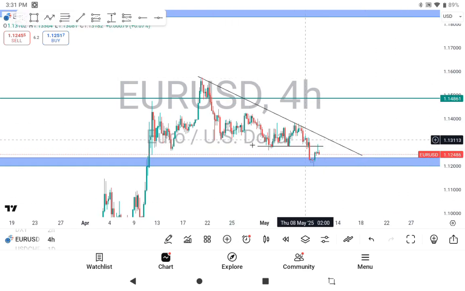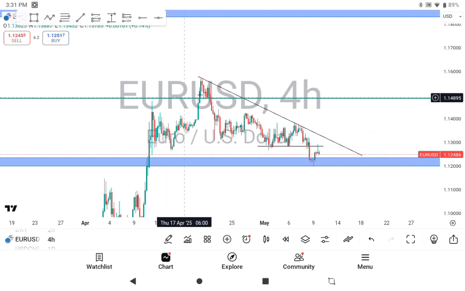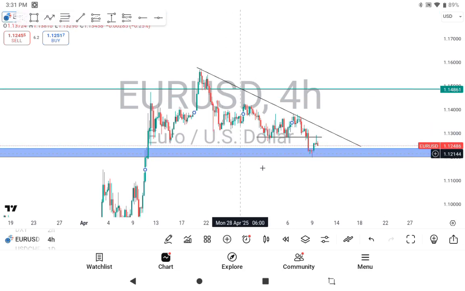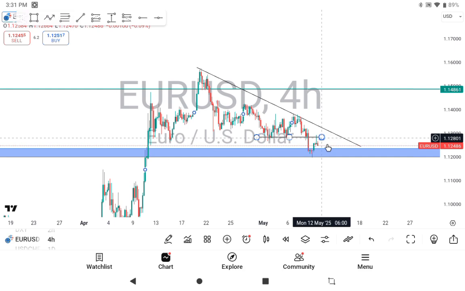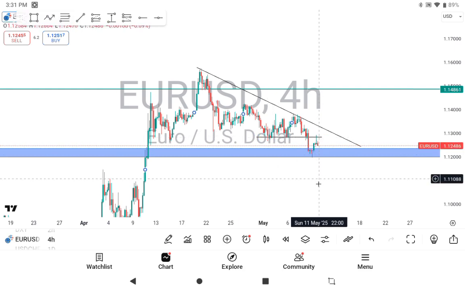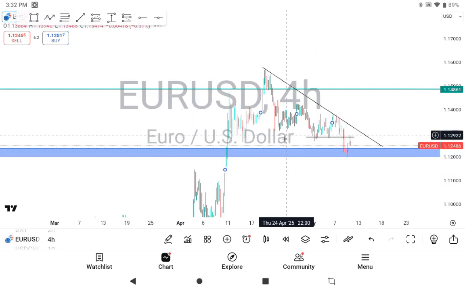Now right here on the 4-hour time frame, this is the left shoulder, head, right shoulder. Like I said earlier, provided that this level is still holding, EURUSD will push back right here. If this level should be taken out, EURUSD will drop. So now we have a trend reversal.